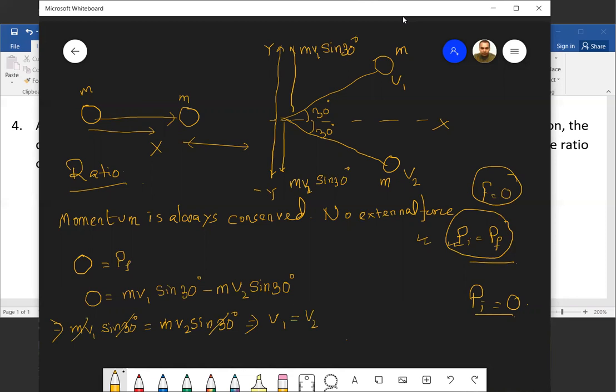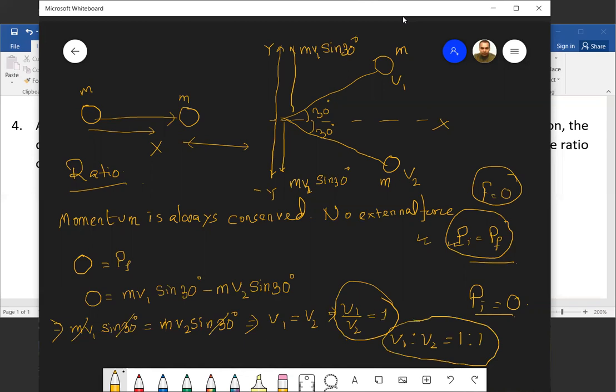The question was that we have to find the ratio of the velocities of the balls after the collision. So v1 equal to v2 is what we are getting, so v1 divided by v2 will be equal to 1. This is the ratio of the velocities of the balls after the collision. So v1 ratio v2 is equal to 1 ratio 1. This is the required answer.